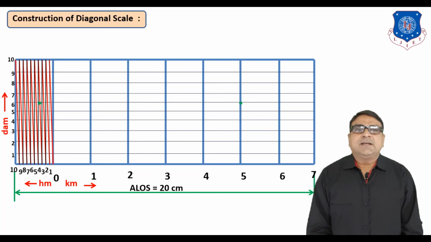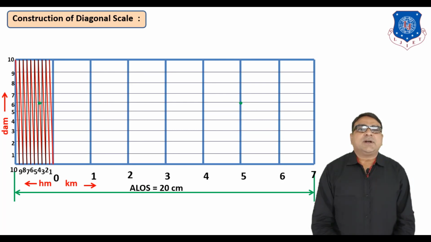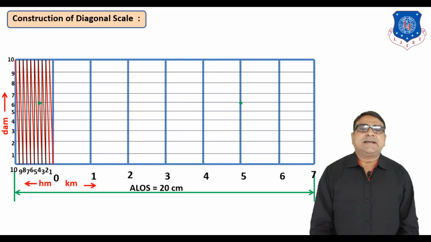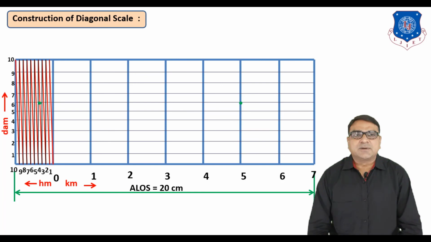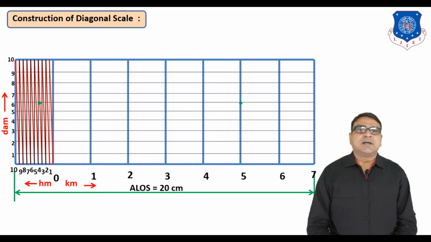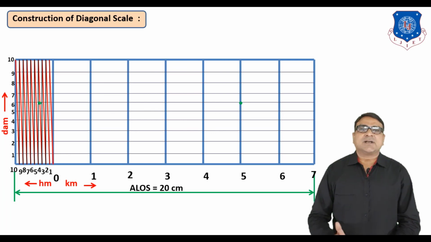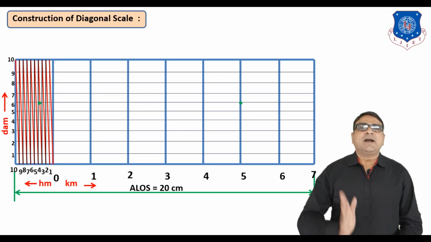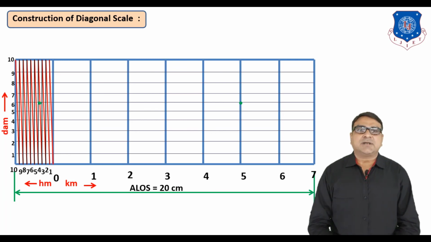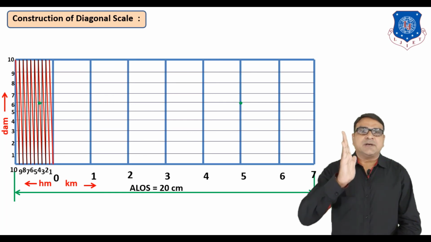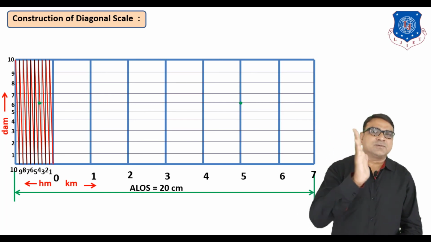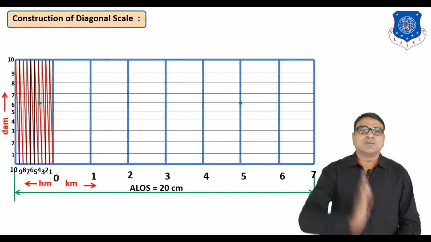Now in this problem we have to indicate 5.36 kilometers. So 5.36 kilometers means 5 kilometers plus 3 hectometers plus 6 decameters. So on the red line from 3 hectometer, we pick up a horizontal from 6 decameter and inclined from 3.